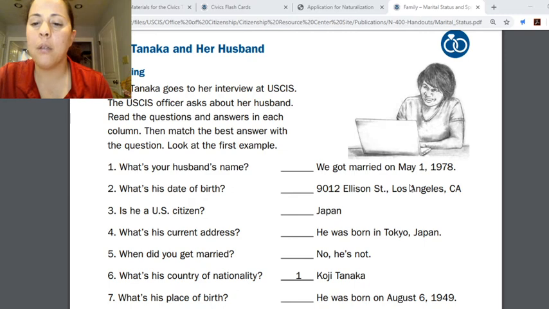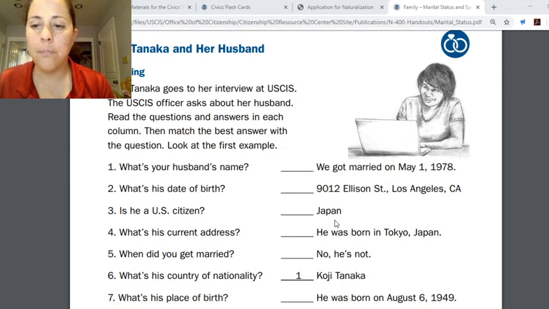Okay. Number 6. What's his country of nationality? Japan. What are people from Japan called? Do you remember? Japanese.